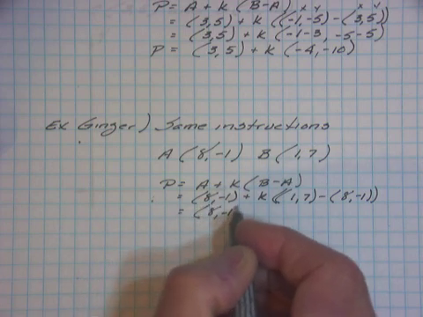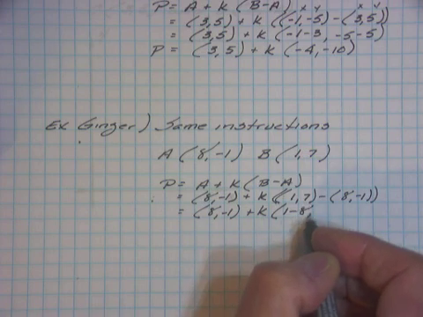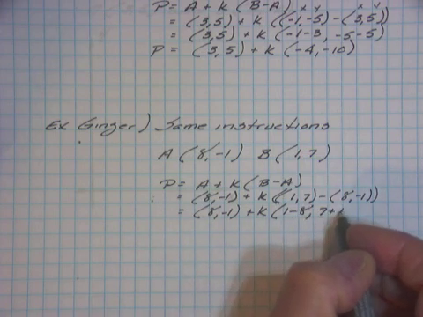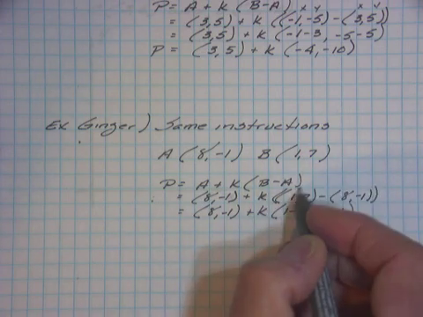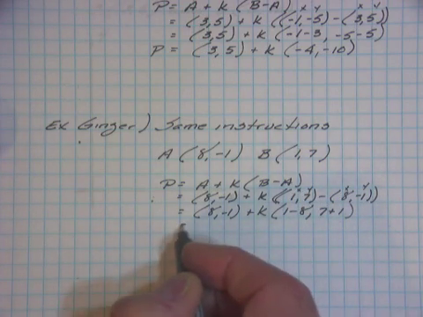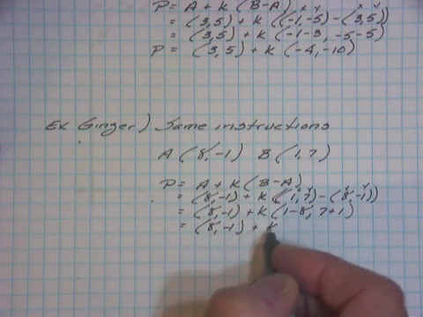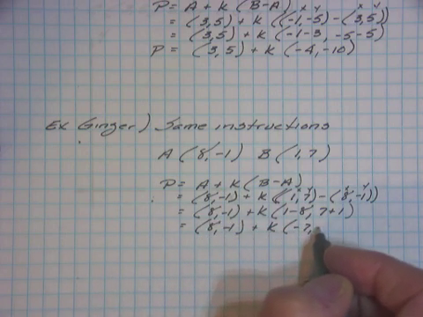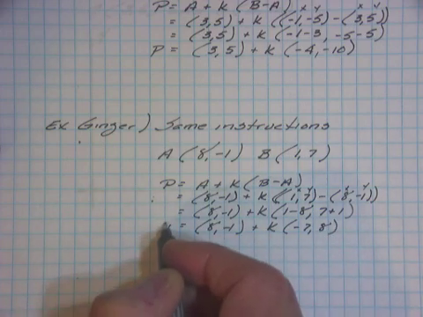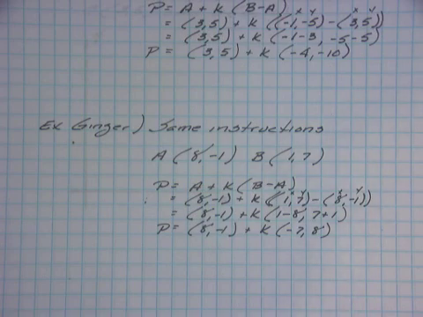Okay, so this is equal to 8, -1 plus K times 1 minus 8, 7 plus 1. Again, combining the x's and then combining the y's. So this would be 8, -1 plus K times -7, 8. And that is the equation in vector form of the line between those 2 points.